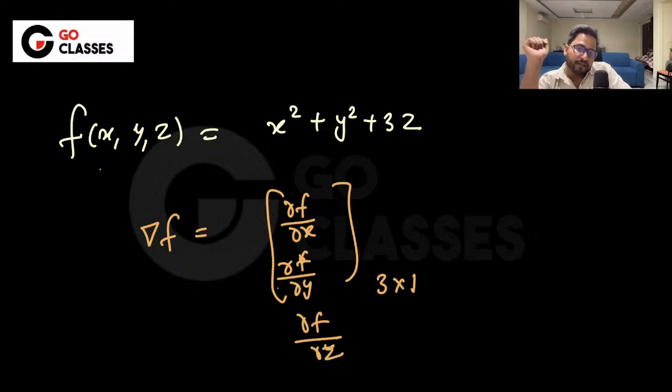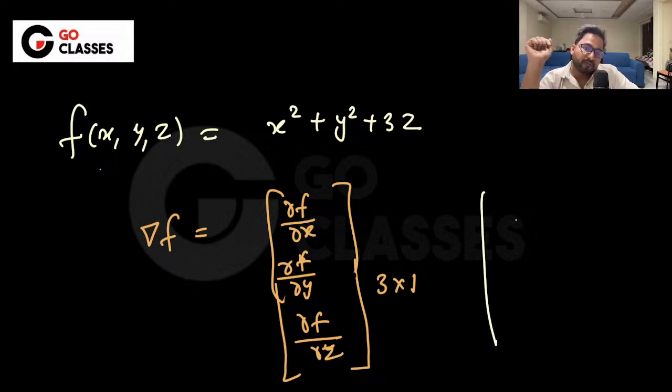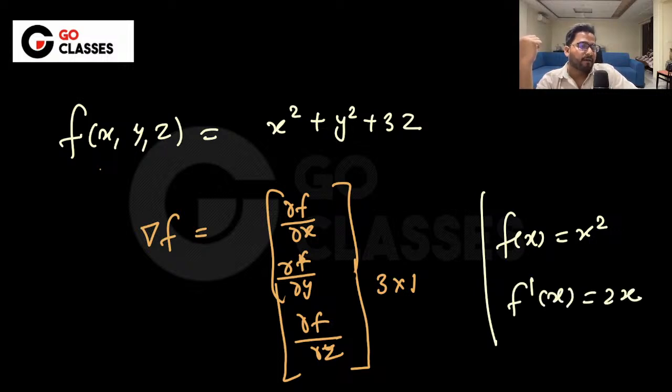So if your input is 3, then grad is 3. If your input is 2, grad is 2. Now if the input is just 1, then in the case f(x) equal to x square, grad is just a scalar number, which is f dash x. Just a scalar, which lies in the same x space.